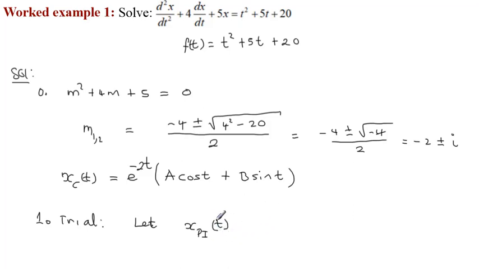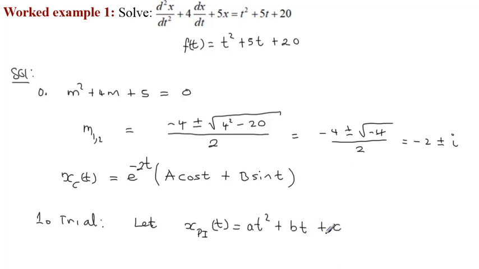Like we said before, if the right hand side was given as a linear function, in our trial solution we would suggest a linear function. In this case, here is a quadratic function. Likewise, we're going to suggest a trial solution to be a quadratic expression, which is going to be x particular integral equals a t squared plus b t plus c, which is the general form of the quadratic function.